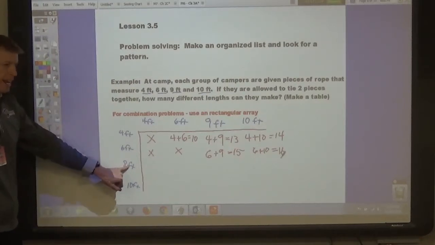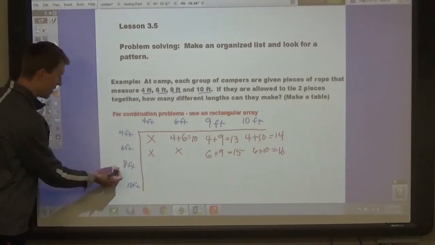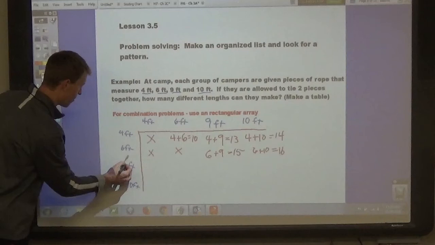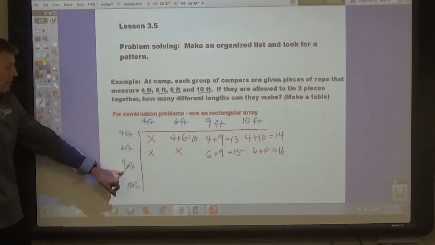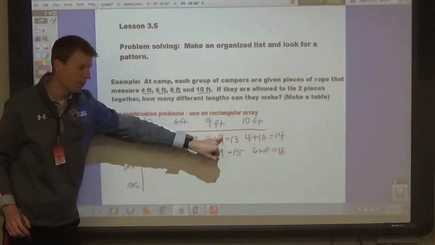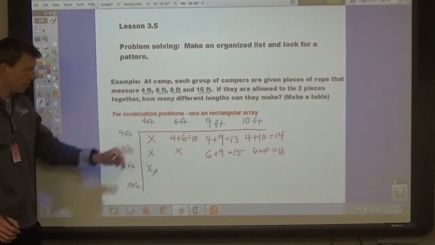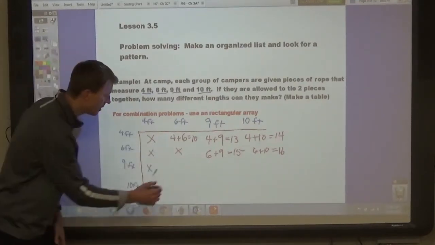Or if we start with the 8-foot, sorry, the 9-foot, that's right. Made that mistake the first time. Here we go. So, starting with the 9-foot, we already have a 13-foot rope, so we don't need to attach that to the 4-foot. But the 9, oh, we have a 9 and a 6.